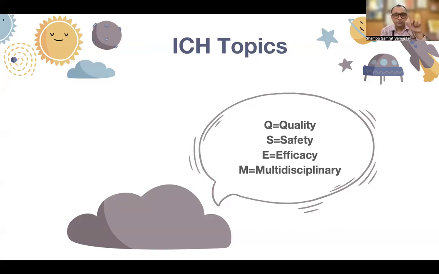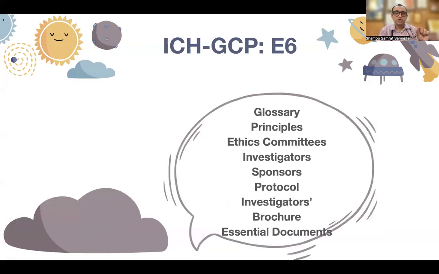And now, again, if we revisit the definition of GCP, there we found ICH E6. When we talk about GCP, it comes under the efficacy domain, and it is the sixth, so E6. This is why it was written as E6. So ICH GCP E6. These are the different parts of that GCP.